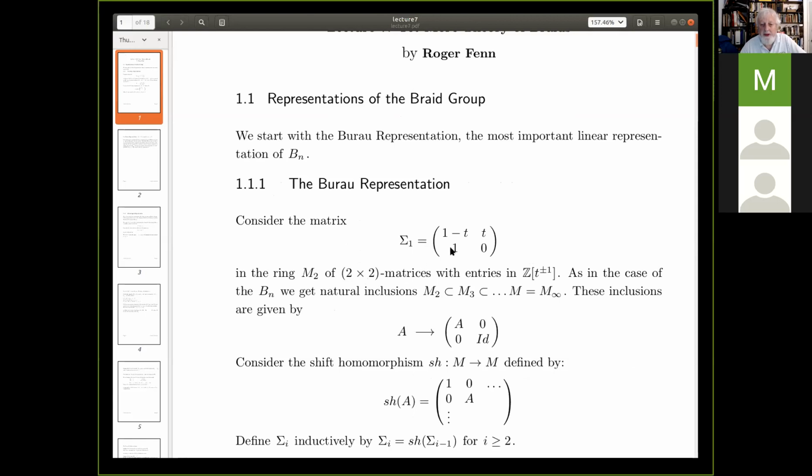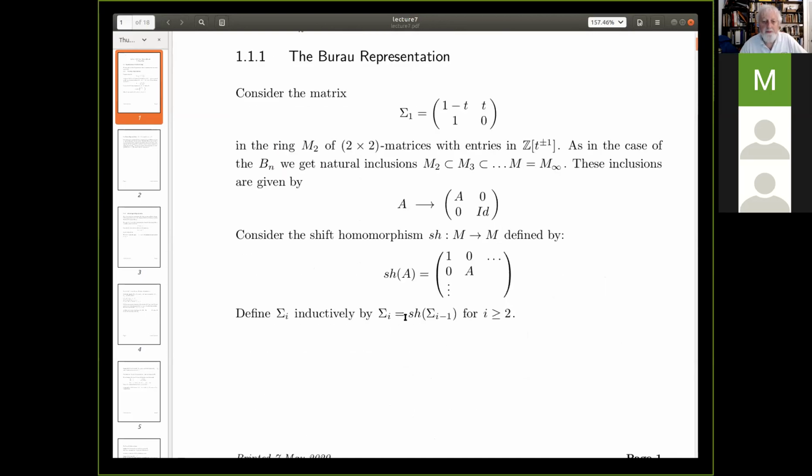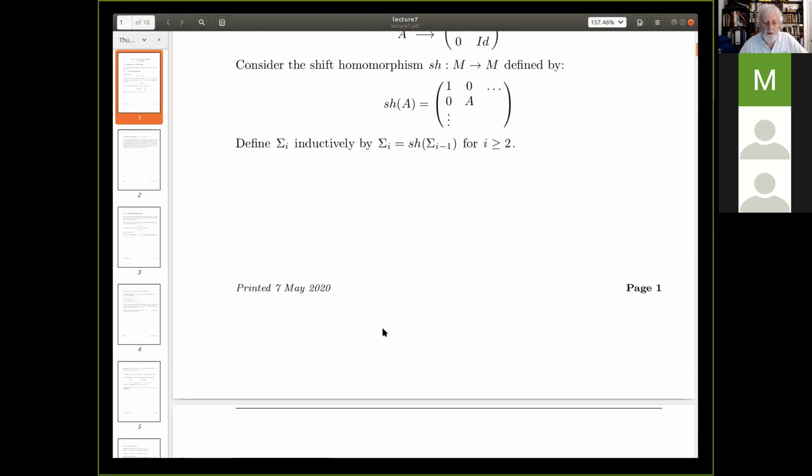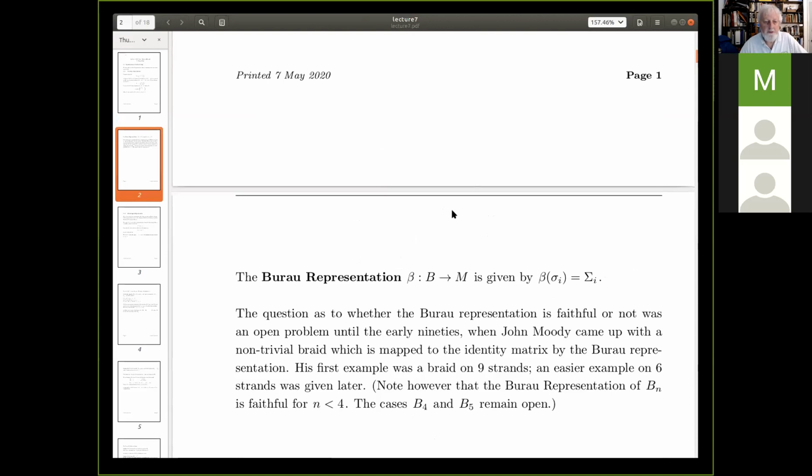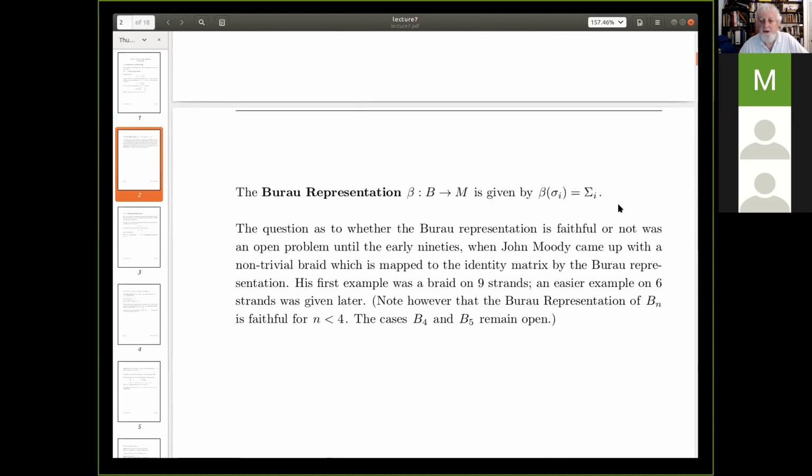We take this matrix here, sigma 1, which has determinant minus t, and we include it in the usual way into an infinite matrix, and then we define the Burau representation by this. So sigma i goes to this matrix sigma i.